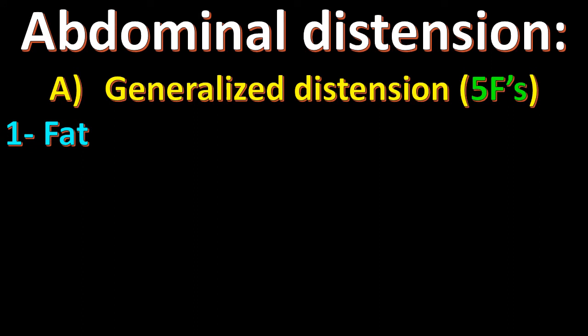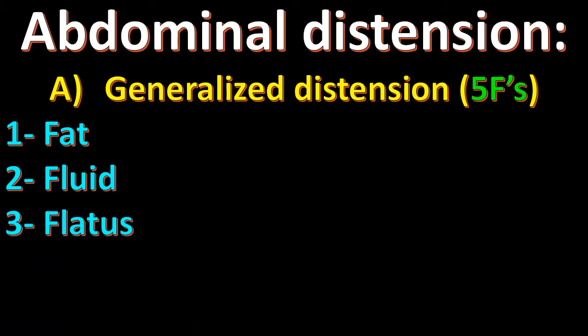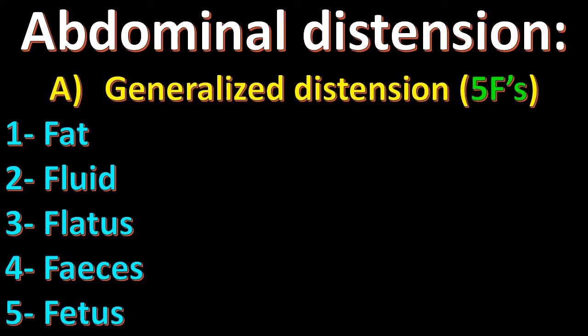The first F is fat, obesity, fluid, flatus, feces, and fetus in pregnancy. All of these 5 Fs lead to generalized abdominal distension.